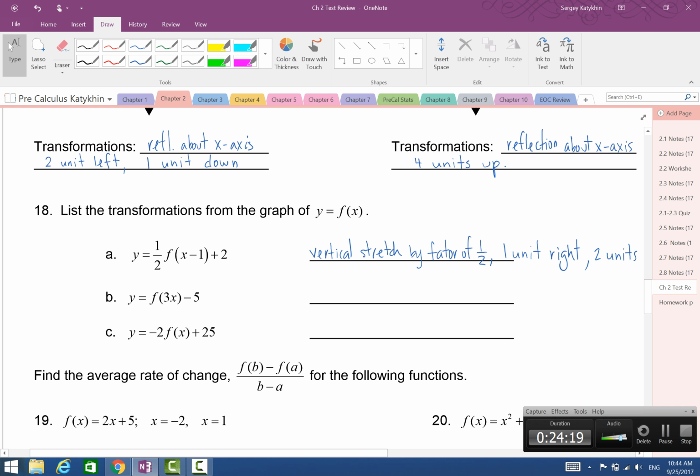Now on B, notice we have a 3 inside, and remember inside lies, so even though it's multiplying the x by 3, it's actually not a stretch but a shrink. And remember, this is going to be a horizontal shrink by a factor of 1/3.